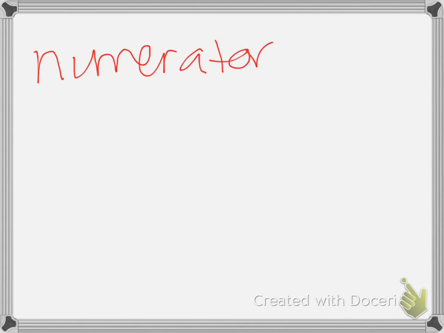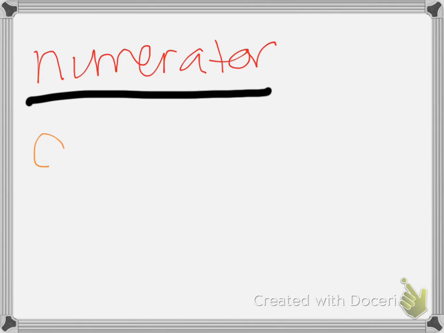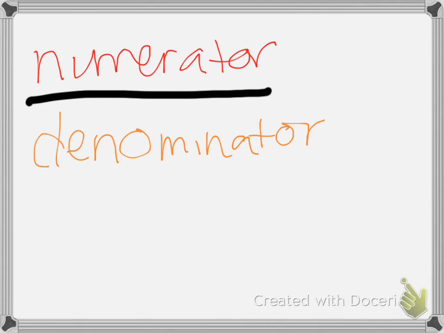You know a fraction has a numerator and a denominator. The denominator tells you the total in a whole, and the numerator tells you how much is eaten or what part is taken away.